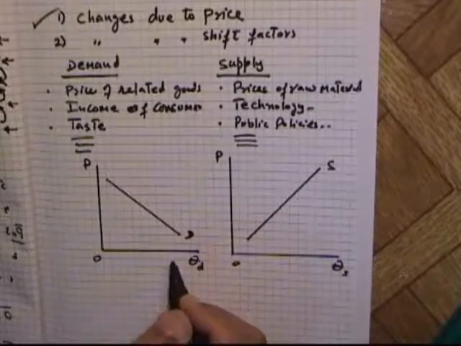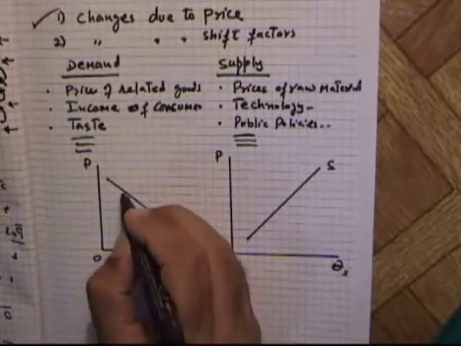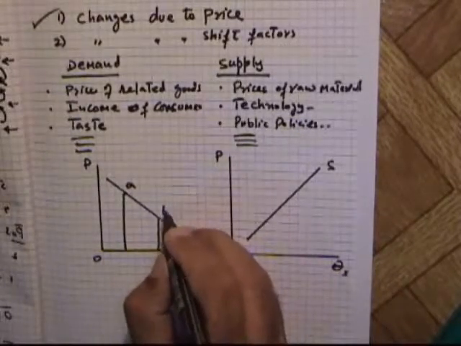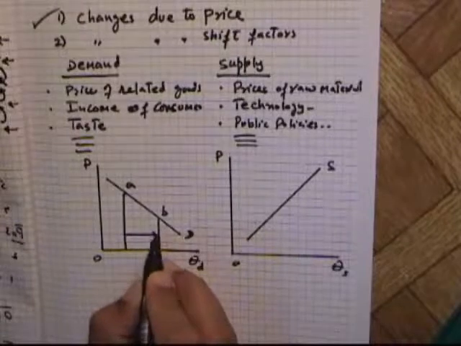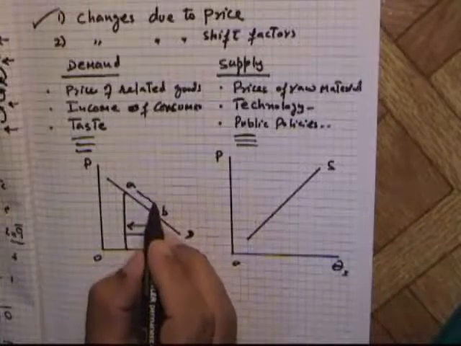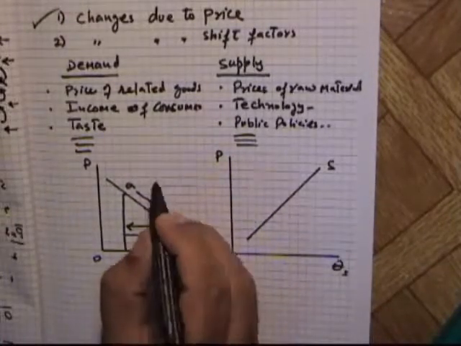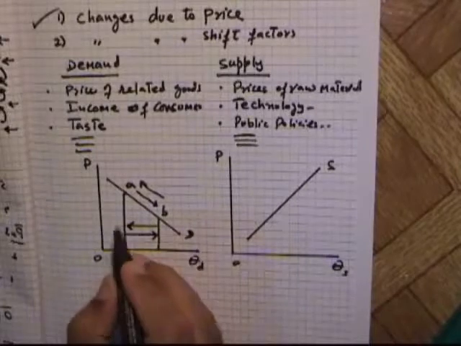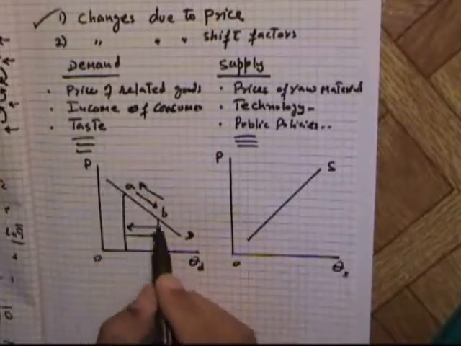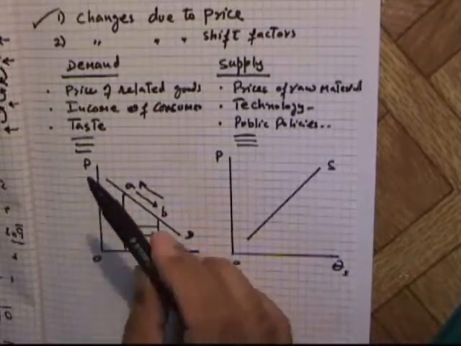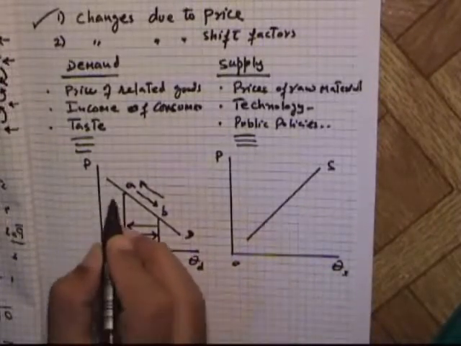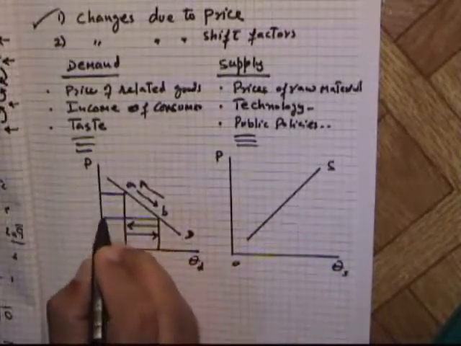And any increase or decrease in demand, let's suppose we have a point A here and then there is another point B. When we are moving from point A to B, this is increase in demand, and when we are moving from point B to A, this is decrease in demand. This is not affecting the position of the demand curve, and these changes are due to changes in price.